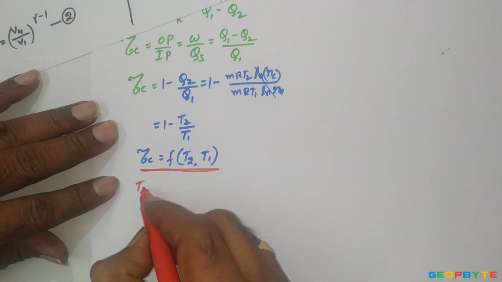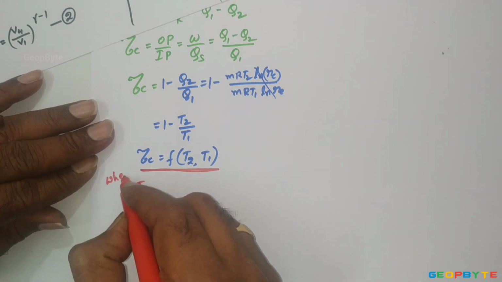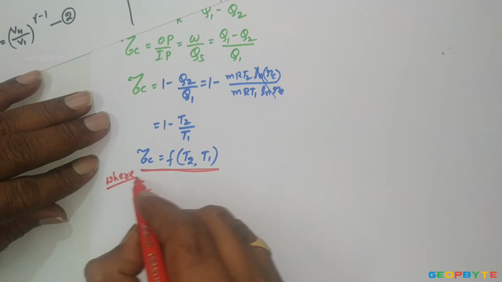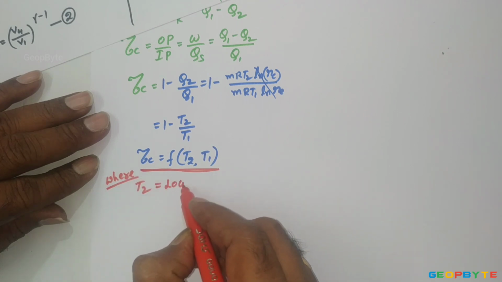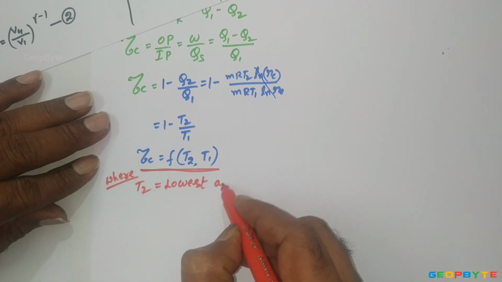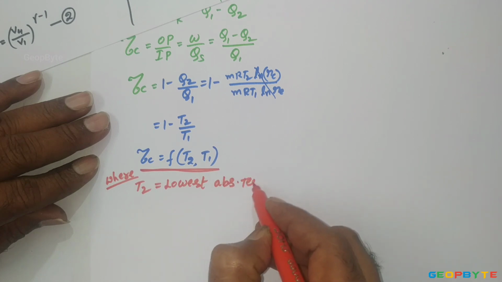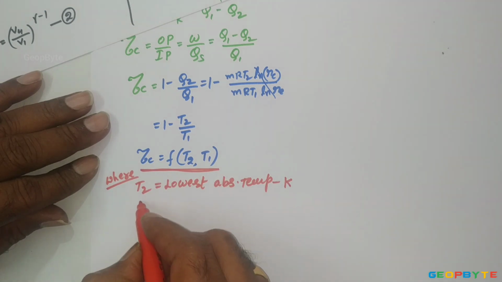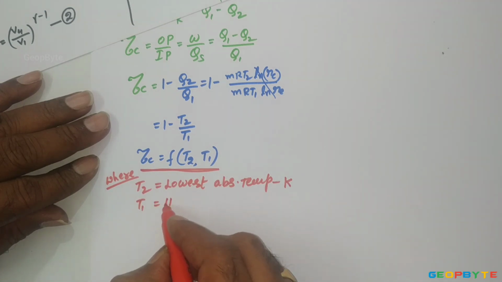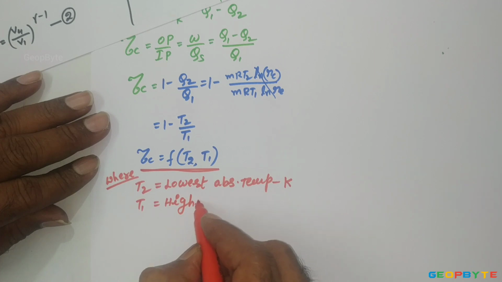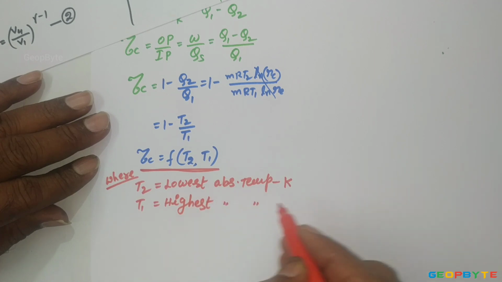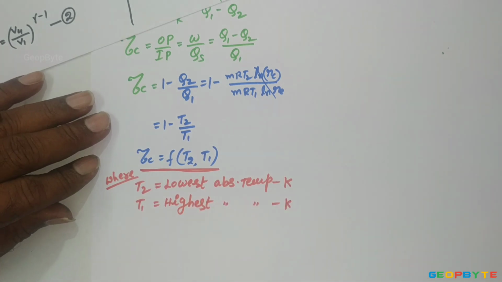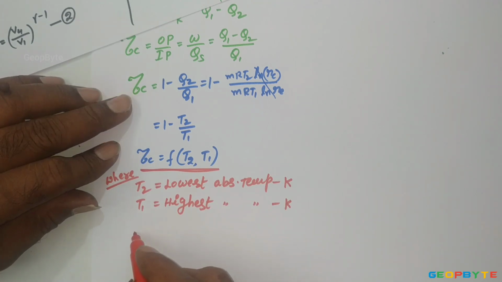Let us write like this, where T2 equals the lowest absolute temperature. Absolute temperature means temperature in Kelvin. Similarly, T1 equals the highest absolute temperature. It is also in Kelvin. Anyhow, the efficiency of the Carnot cycle equals 1 minus T2 by T1.